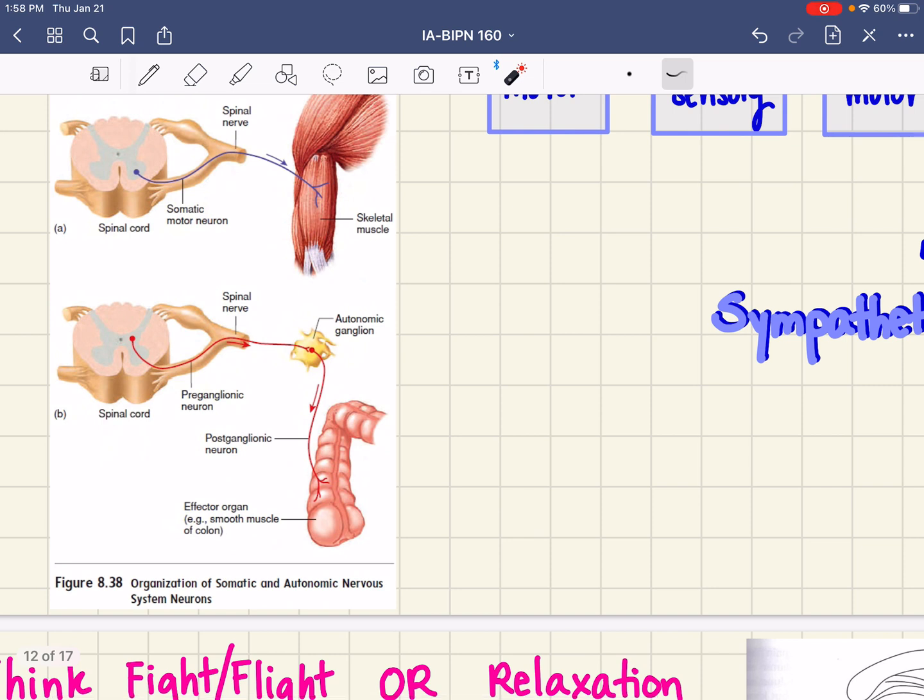Okay. Something else I want to mention about part B of the structure is that the autonomic nervous system contains an autonomic ganglion.